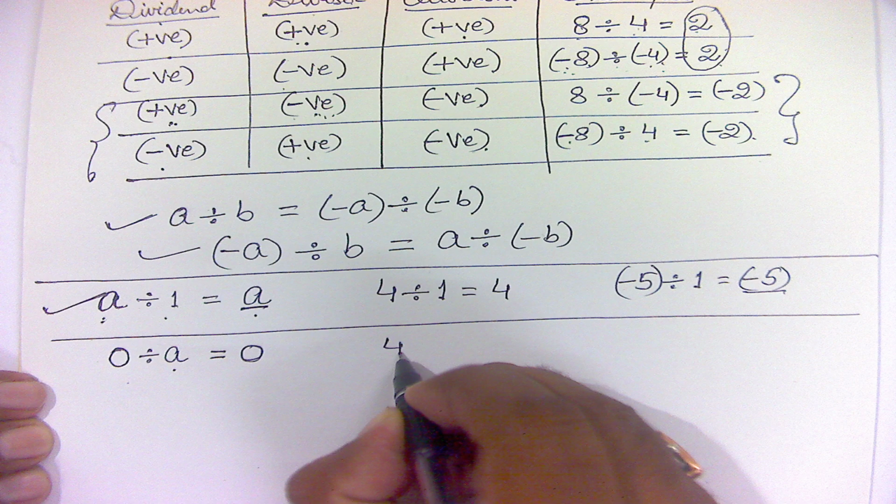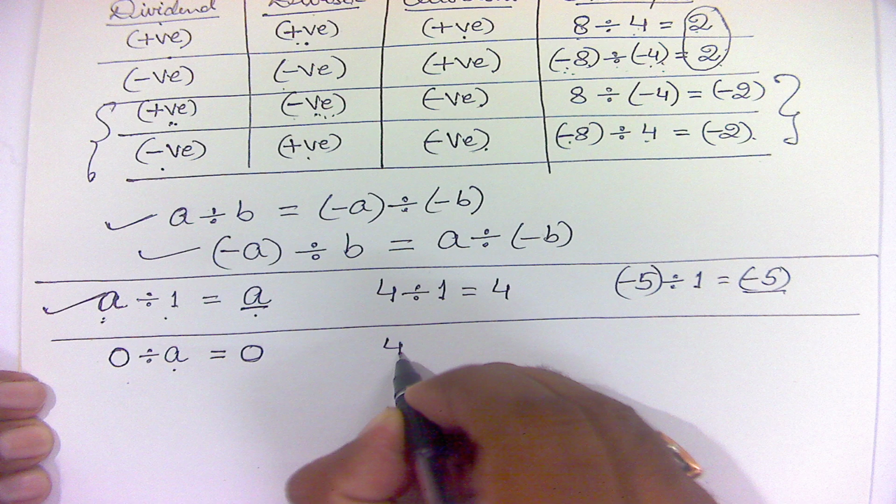If you are dividing any integer by 0, it will always be not defined. Like 4 divided by 0, minus 5 divided by 0, or any other. All these will be not defined.